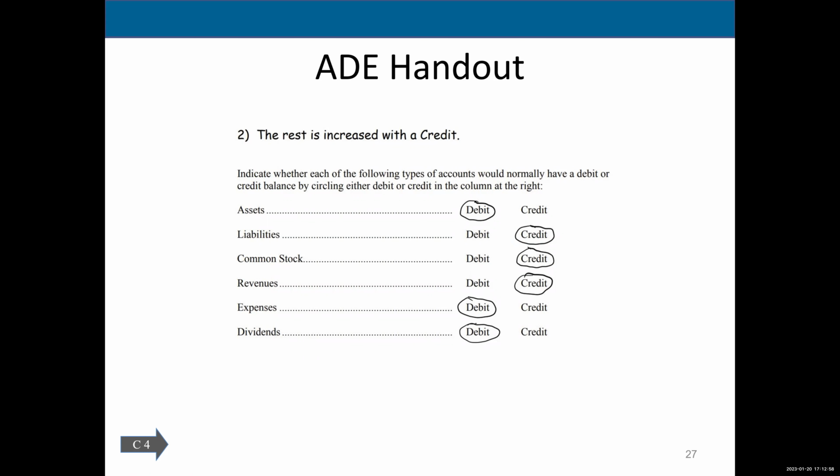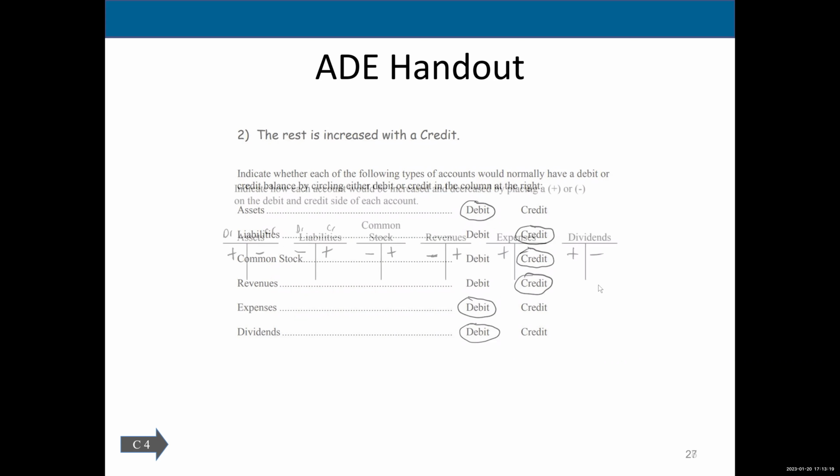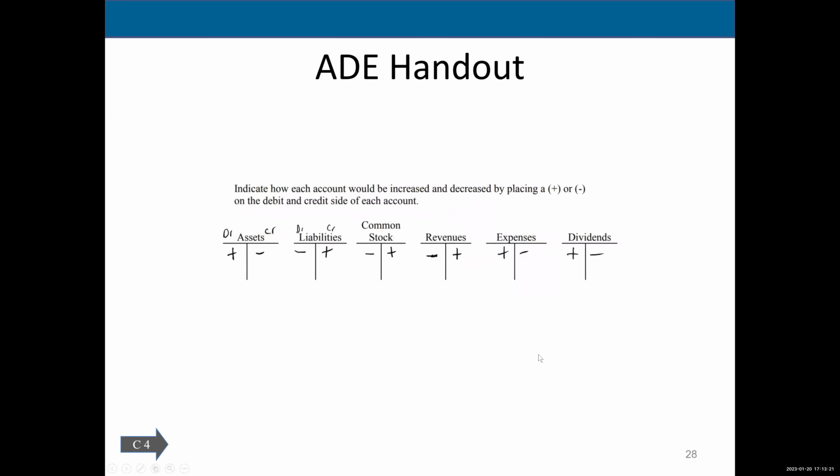And I'll say that this ADE thing is going to help you for maybe 3 to 4 weeks. After that, you're going to have a lot of experience and you won't need this anymore. But as you do your transactions and all your homework, I think this is going to speed up the process for you. Now, the third part of this handout is dealing with the T accounts.